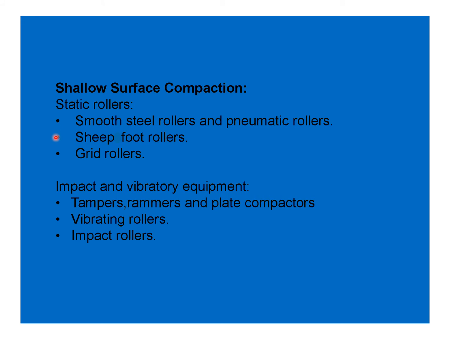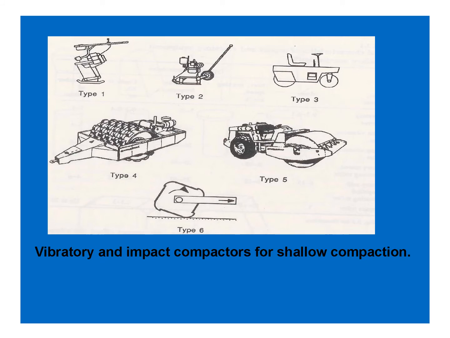Sheep foot rollers have projections on the drum of the roller. Grid rollers. Impact and vibratory equipment can also be used for shallow surface compaction. In this regard, tampers, rammers, plate compactors, and vibrating rollers are also available. Impact rollers are also there. Here you can see the vibratory and impact compactors for shallow compaction. So there are different types of rollers, or compactors, available.